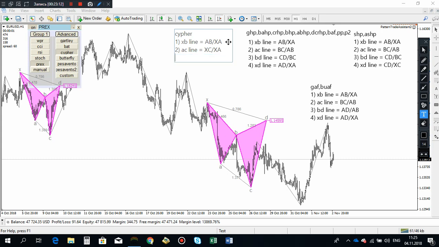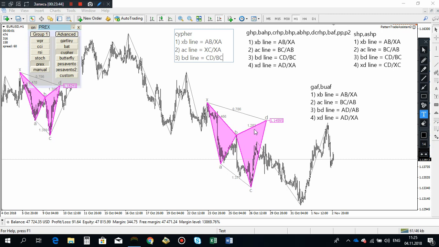Okay, another rule, rule number 3, what this BD line shows. The BD line shows the BC inversion. So actually we need to divide the CD leg by the BC leg. Very simple, similar to any other, this and this. The only difference is the Cypher transformation and butterfly transformation, because here they have the AB extension.